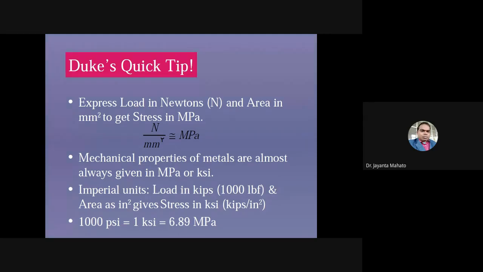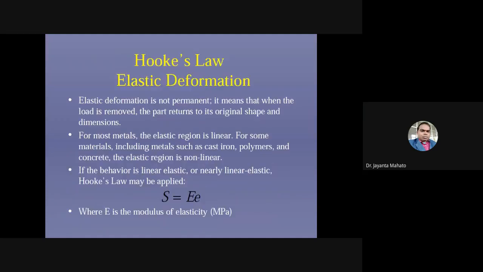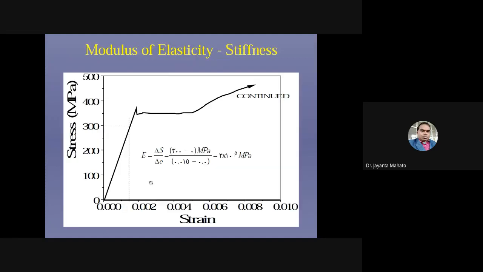Mechanical properties of metals are almost always given in MPa or ksi. Hooke's law tells us that the modulus of elasticity is stress divided by strain, the proportional line.